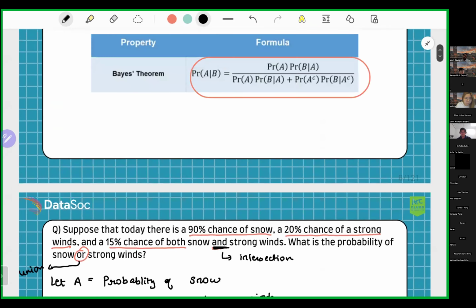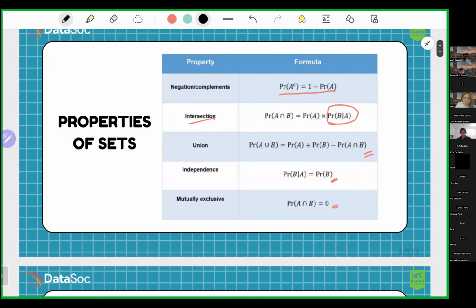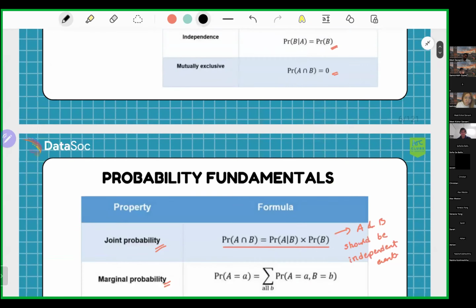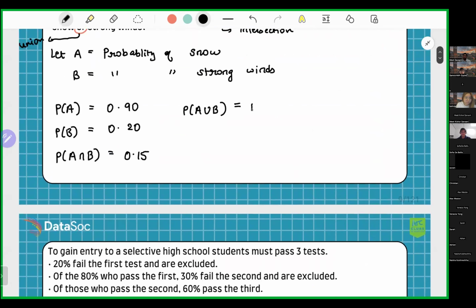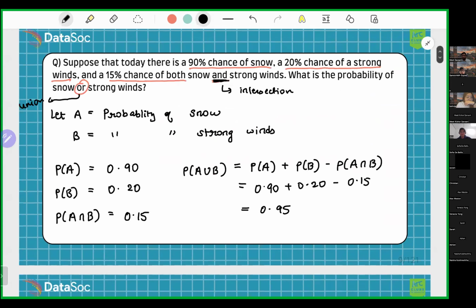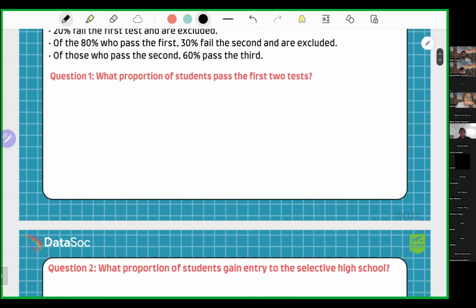So what formula will we use? We will use this formula: probability of A union B equals probability of A plus probability of B minus probability of A intersection B. Just fit in the values, so it should be easy. And this comes out to be 0.95. All right. Do you guys have any doubt up until now?